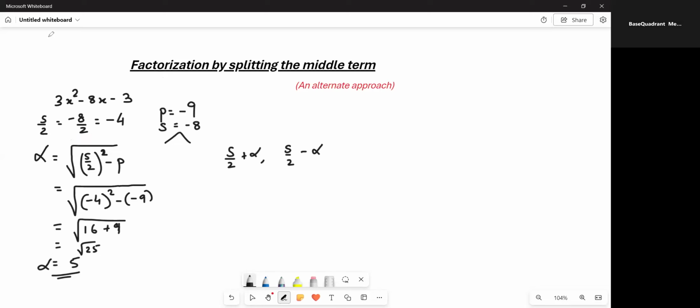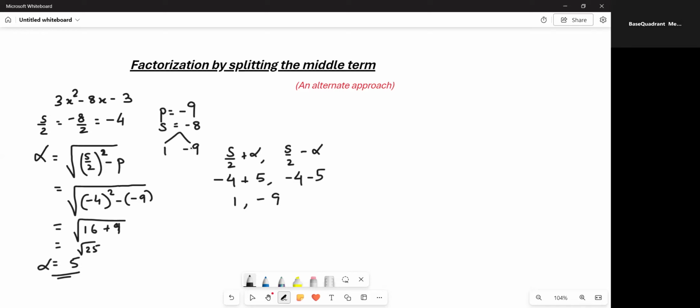So S upon 2 is minus 4 plus alpha is 5. So minus 4 plus 5, and S upon 2 again minus 4 minus alpha is minus 4 minus 5. That is 1 and minus 9. Got it? So the two numbers we got are 1 and minus 9.